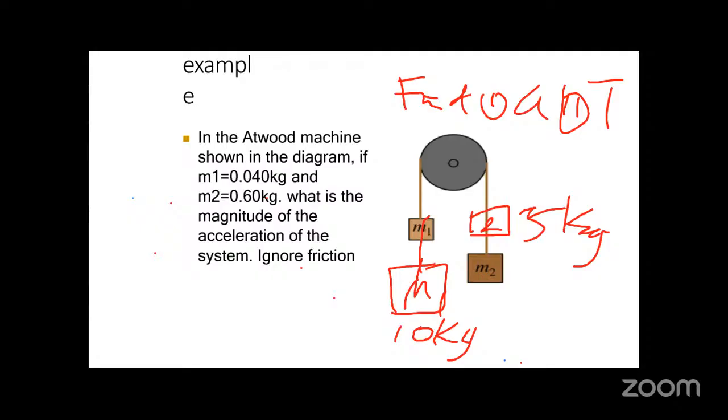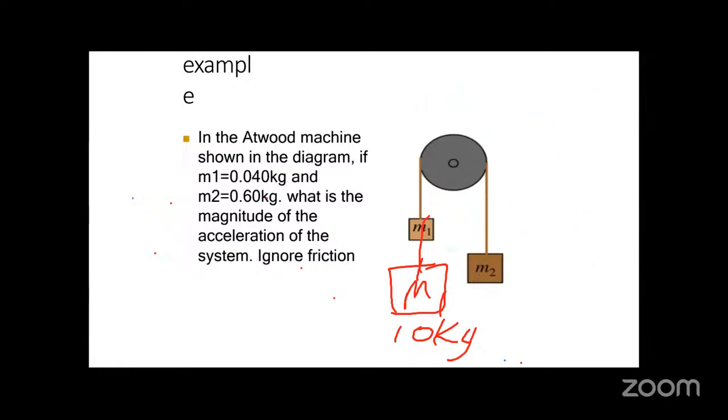Tension. What's tension? So the tension should be around 66.4. Good, good. I'm impressed with that. So we can move on.